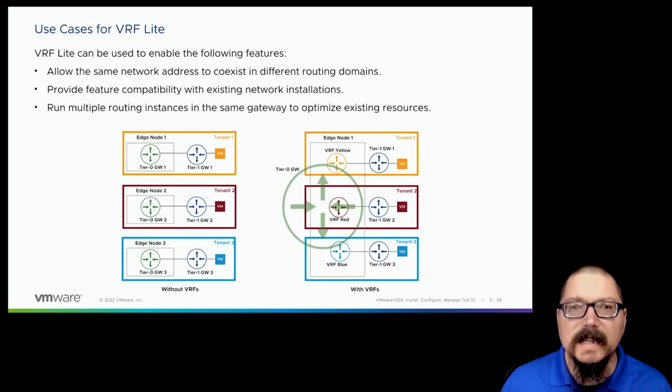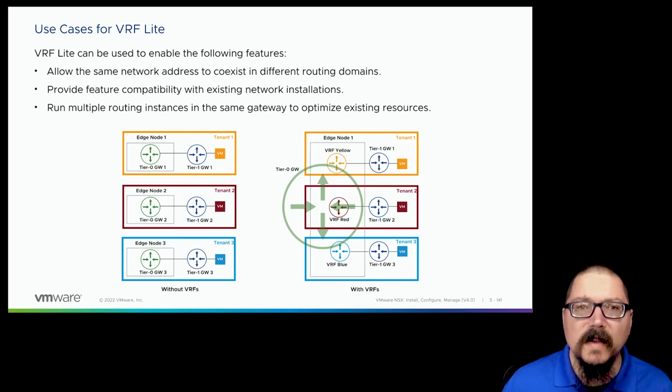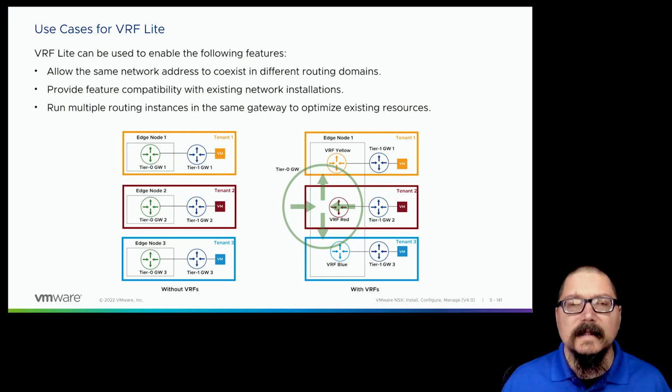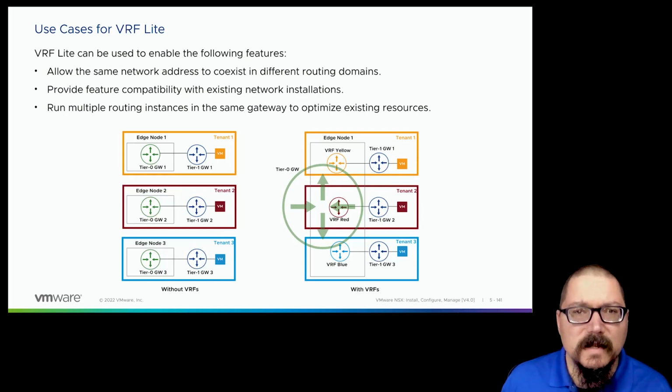And here we kind of see what VRF Lite brings to the table. When we look at how I might build up 3 different tier 0 based routing domains in NSX, that means I need at least 3 edge transport nodes, right?